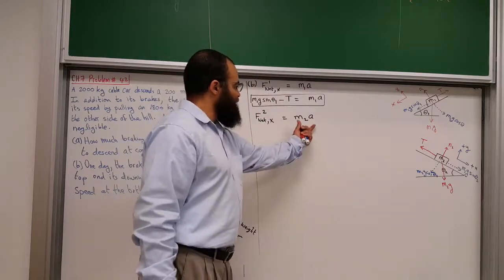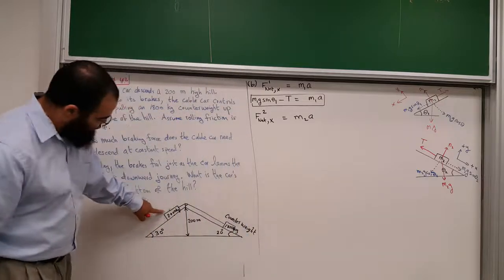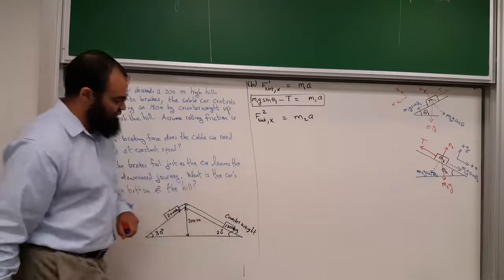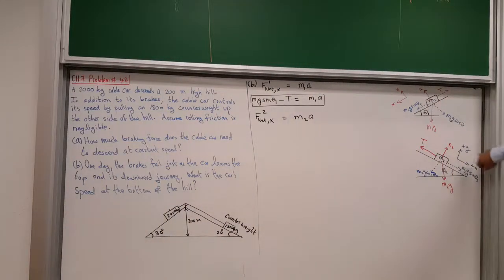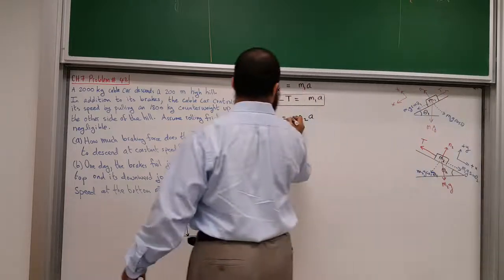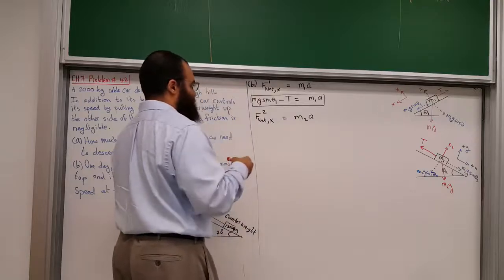But let's figure out, is the acceleration positive or negative? If this one accelerates down, this one has to rise to accelerate up. I'm considering for this one here, down to be positive. So if it accelerates up, that will be a negative. So I have to put a minus sign. Let me put it in red to remind you.